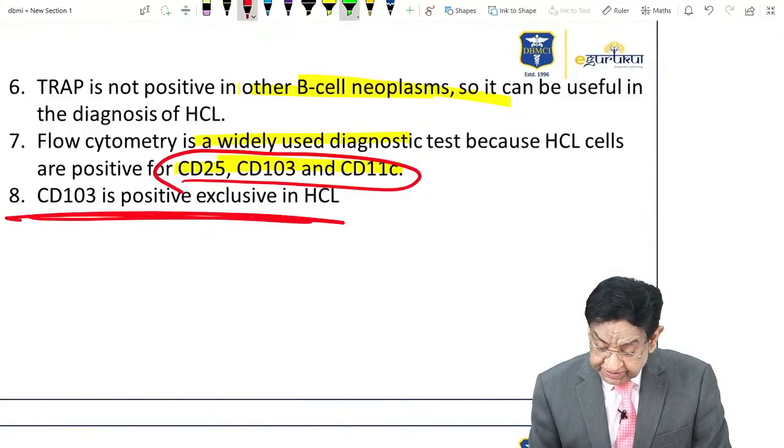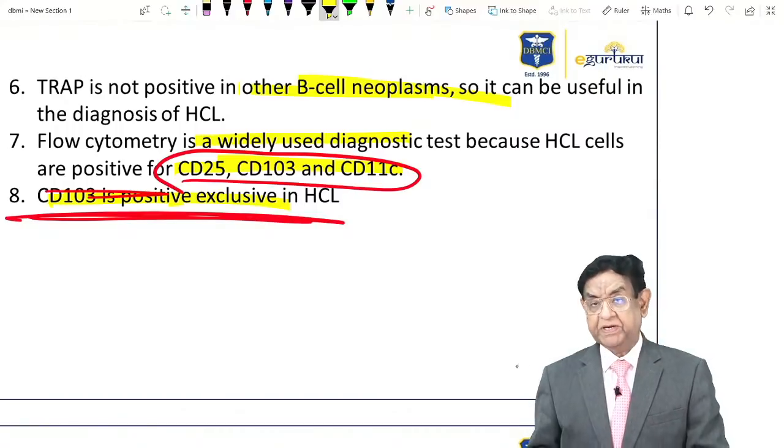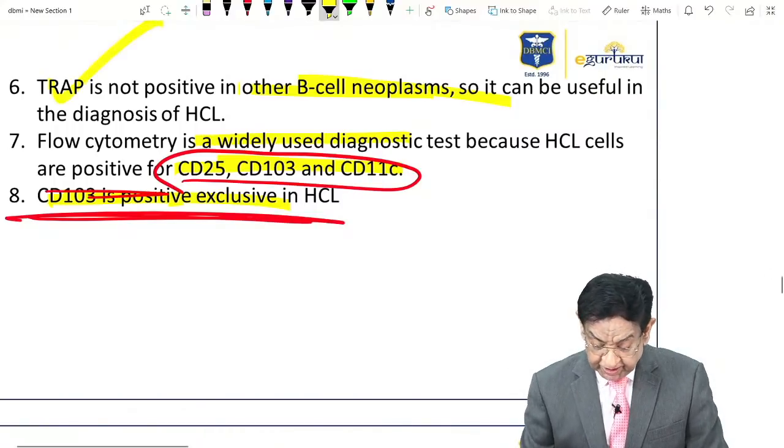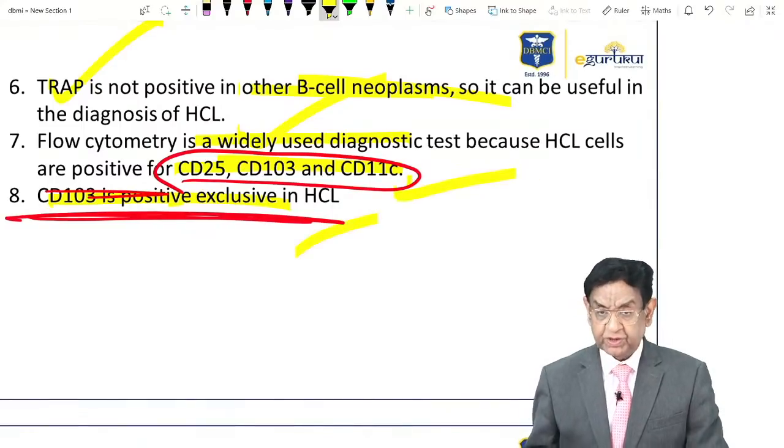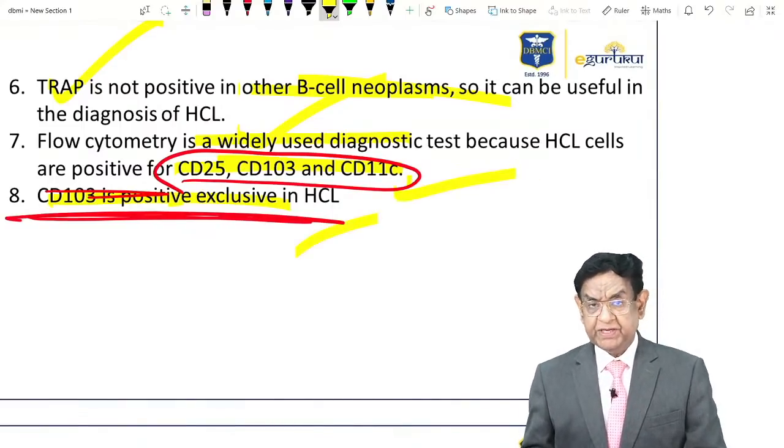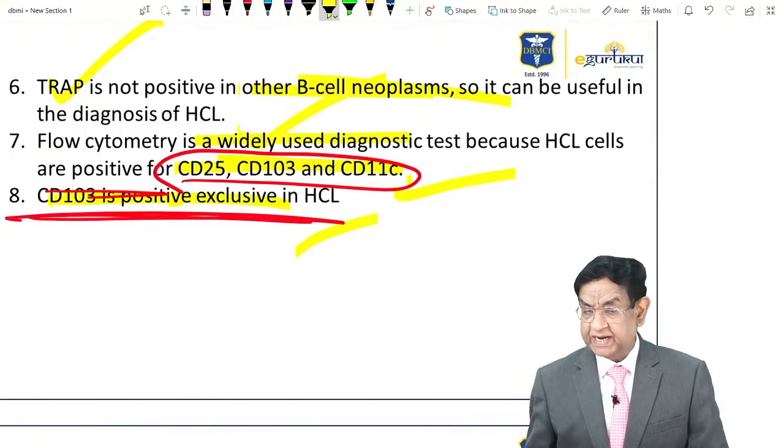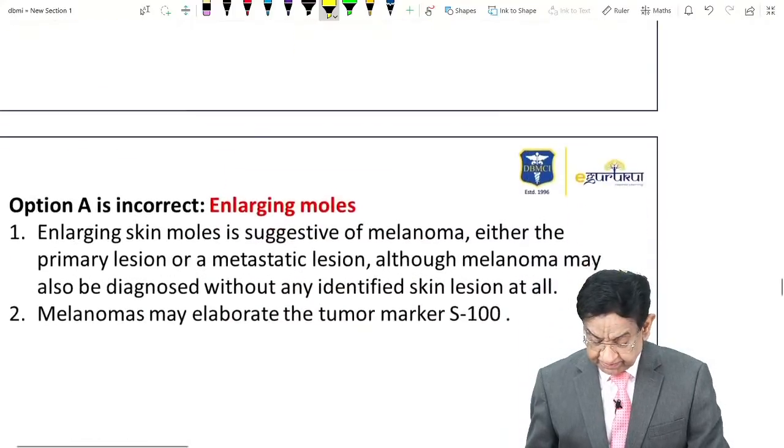So friends, these are the keywords you have to remember in this particular slide: 1, 2, 3 and 4. These are the 4 keywords regarding hairy cell leukemia.